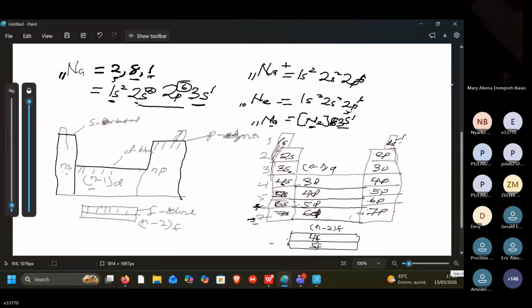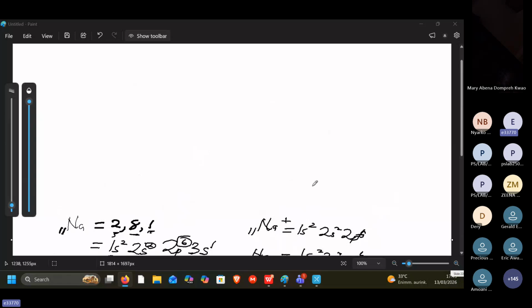Yes, sir. Okay. So at least from here, we should be able to write electronic configuration for different elements. And again, we should be able to write for almost all the elements on the periodic table. Would that be difficult? No, sir.